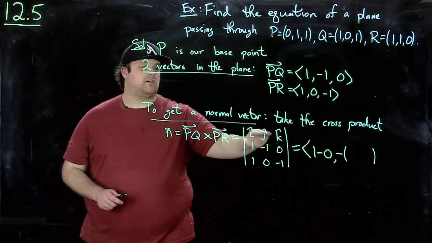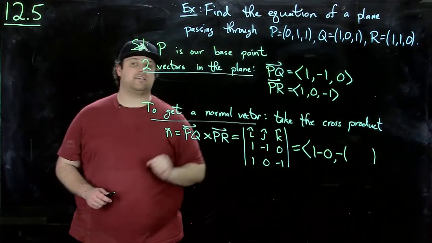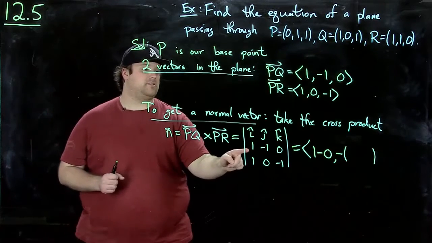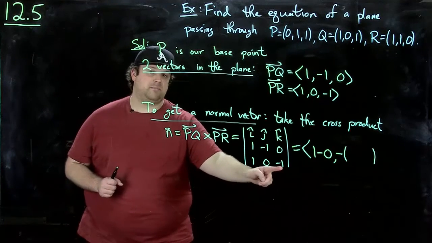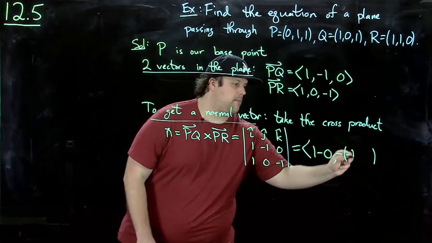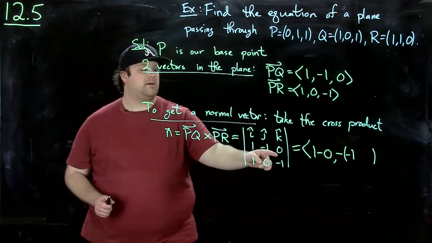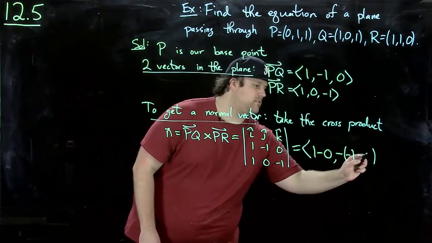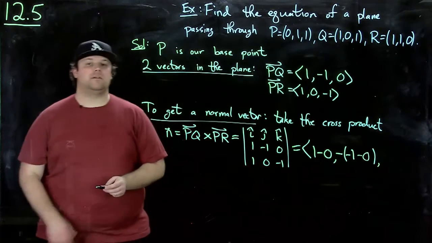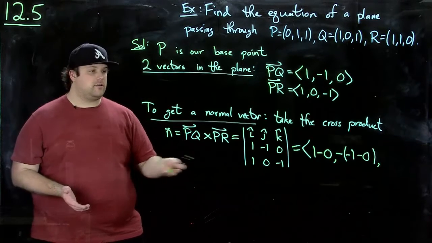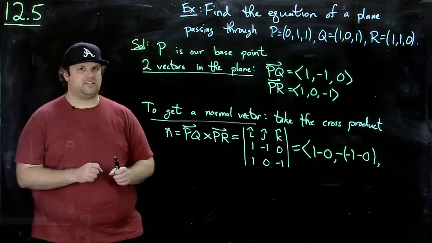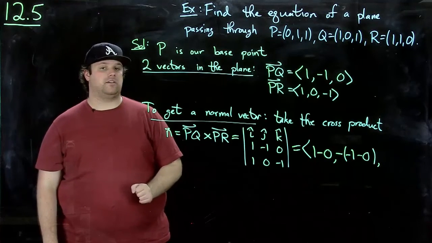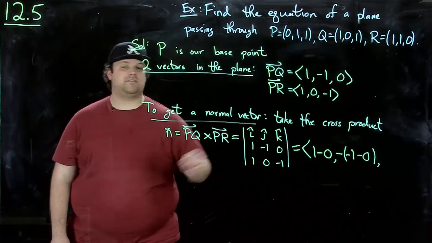For the second entry, remember there's a minus sign around the whole thing. We cross out the first row and the second column and do that same little 2 by 2 determinant. So this time it's 1 times minus 1, and then minus 0 times 1, so minus 0. And lastly, for the third column, there's no special minus sign anymore. We cross out the first row and the third column and do the determinant of this little 2 by 2.